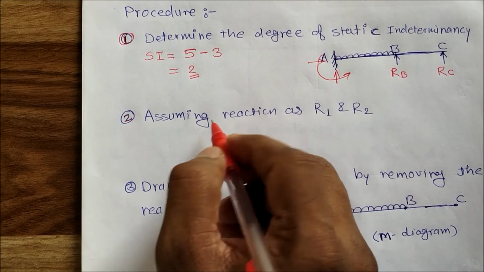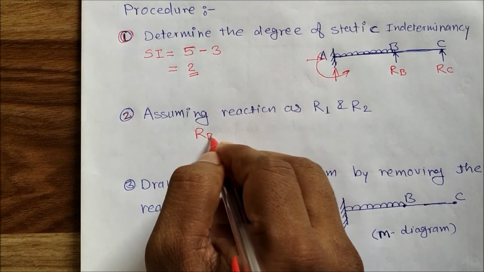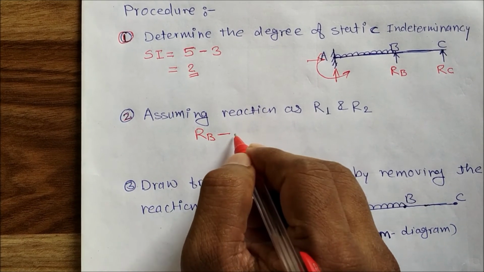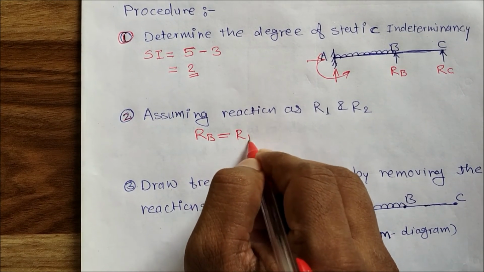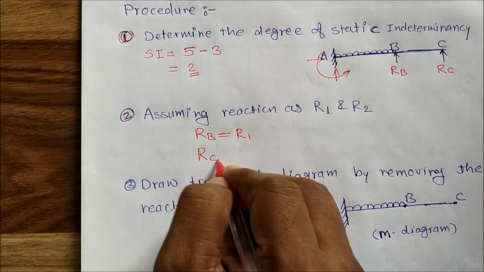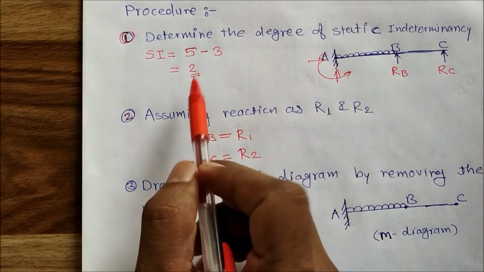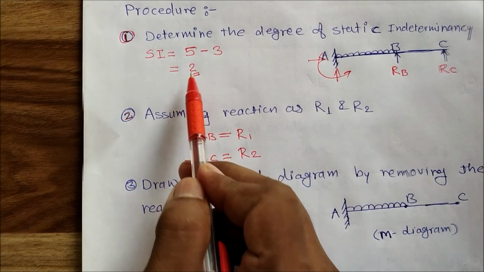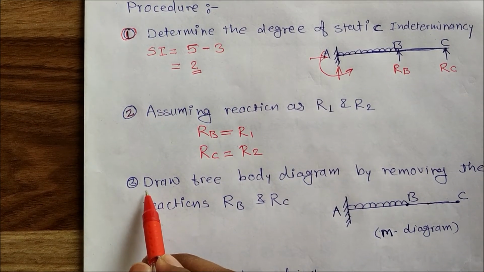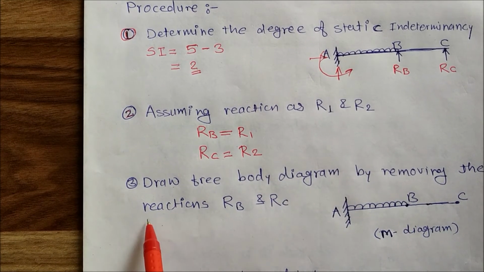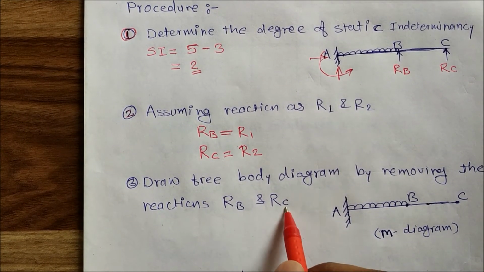So in this step, we assume reaction RB is equal to R1 and reaction RC is equal to R2.